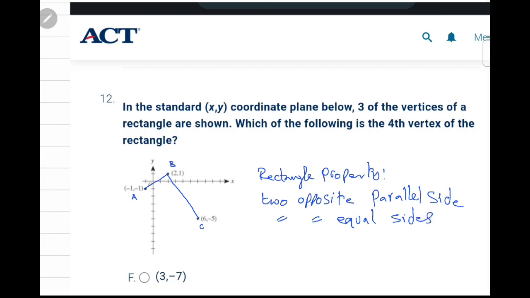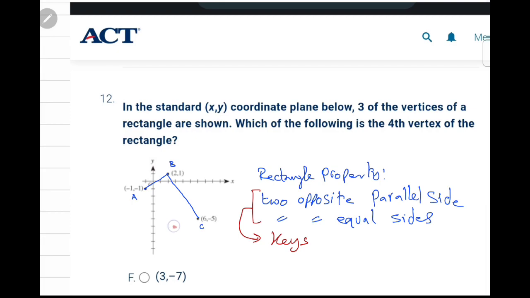So in this case, these actually are our keys that we will use to find the missing vertex.